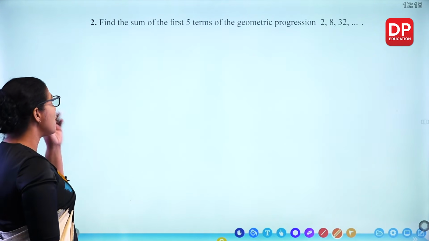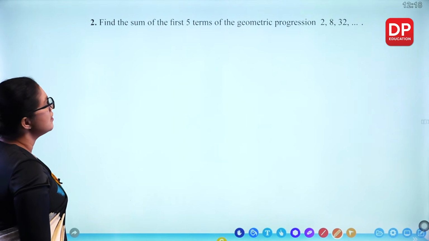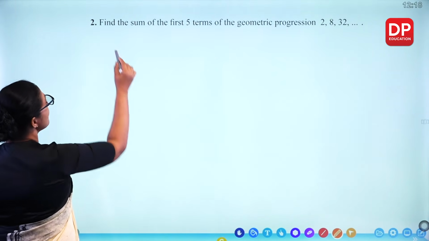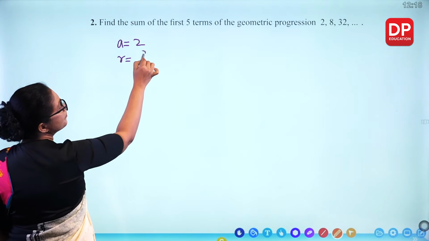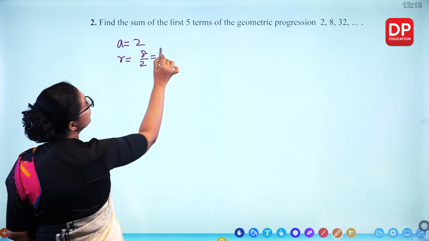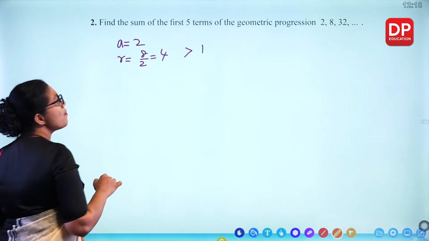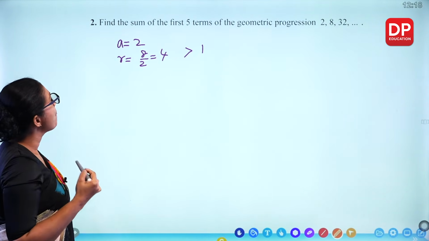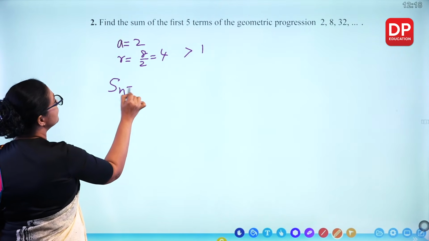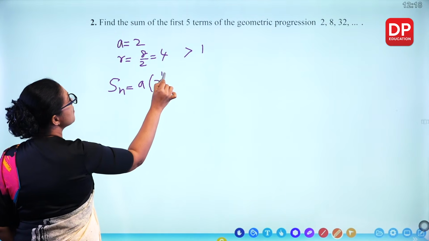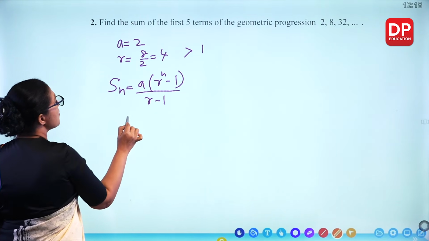Question number 2. Find the sum of the first 5 terms of the geometric progression. First term is 2. What's the ratio? 8 divided by 2, you get 4. So the ratio is 4, which is greater than 1. So you can use the formula. Which formula? Sn equals a times r to the power n minus 1 over r minus 1.